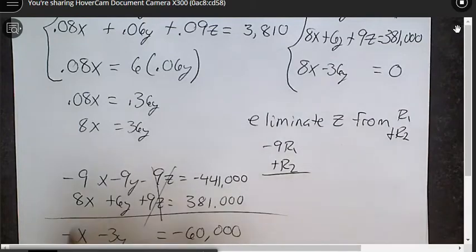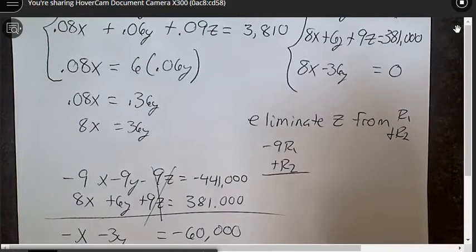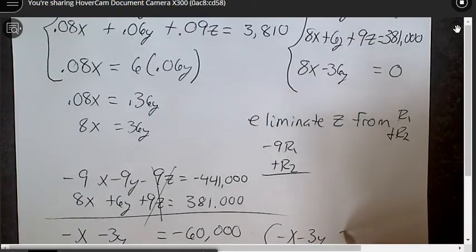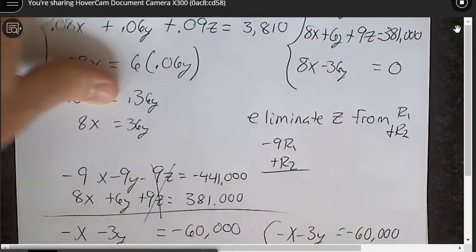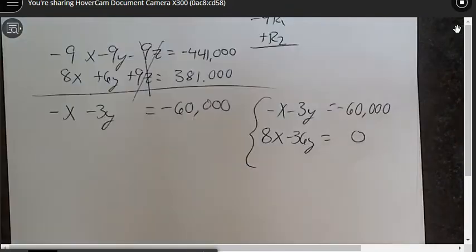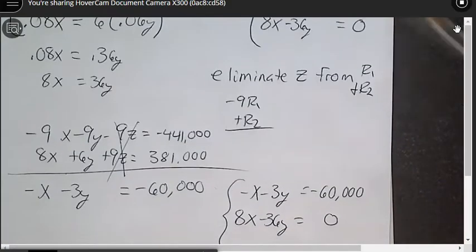And we can solve that with this. Okay, so now we'll take this new equation where we eliminated Z and combine that with this equation up here in the beginning that already had the Z that was eliminated.